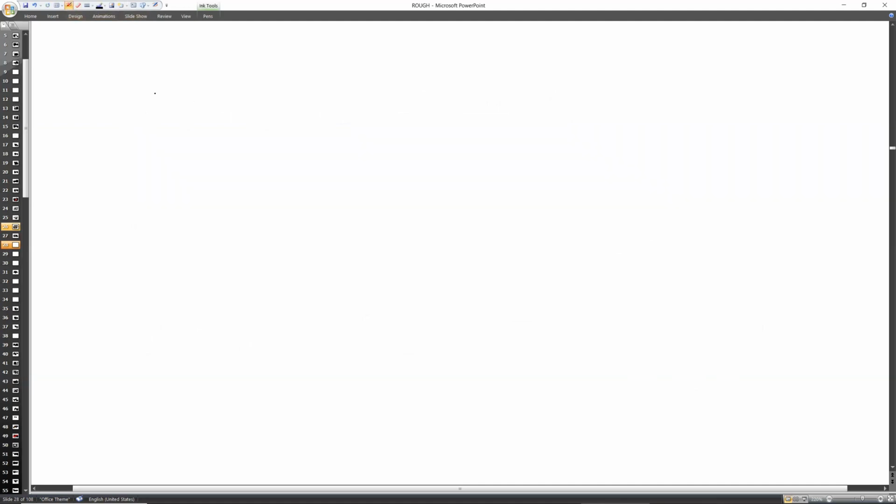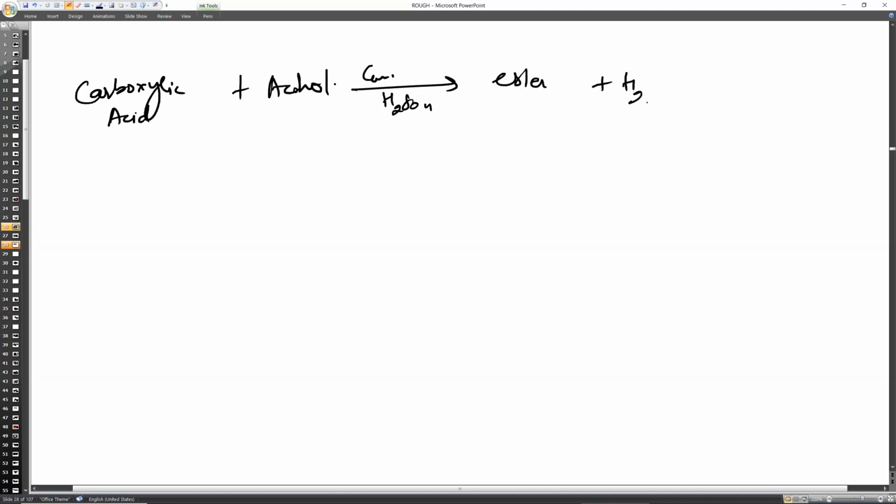Let, for example, you have a carboxylic acid and you have an alcohol. When they react together in the presence of concentrated sulfuric acid, it will give you ester plus water.